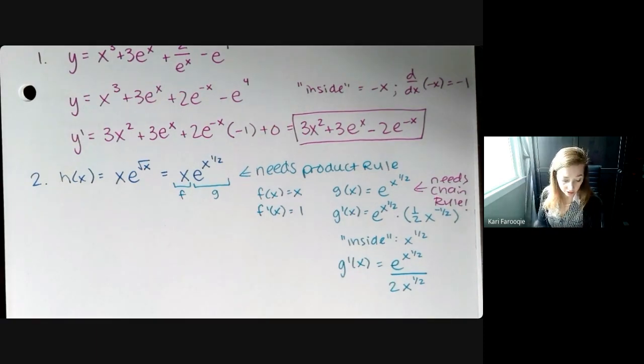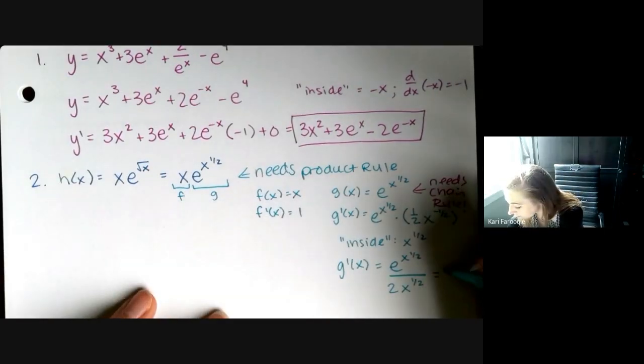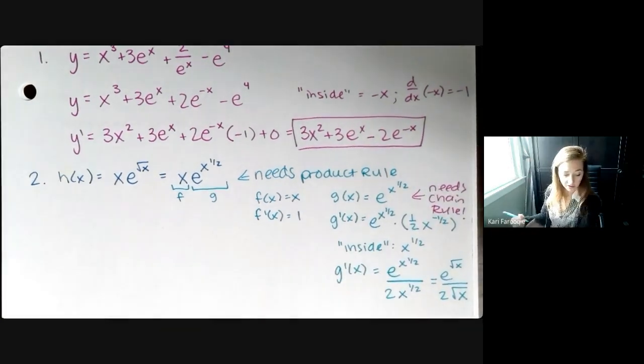If you'd like to rewrite these with radicals, that's fine. You might find the algebra easier to work with using radicals. So if you would like to rewrite this as e to the square root of x divided by twice the square root of x, I personally find that's a lot easier to look at. So I'll leave that up to you.